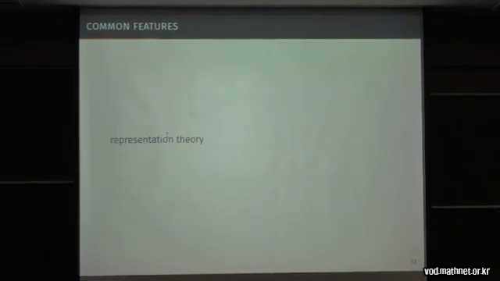So I want you to keep the following pattern in mind. There's some kind of connection between representation theory and geometry that we'll see examples of. And you can ask, what is geometry actually giving you in representation theory? It turns out that often it's giving something like an invariant form, something like a symmetric form or a Hermitian form.